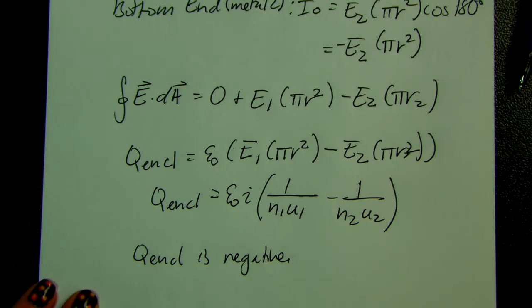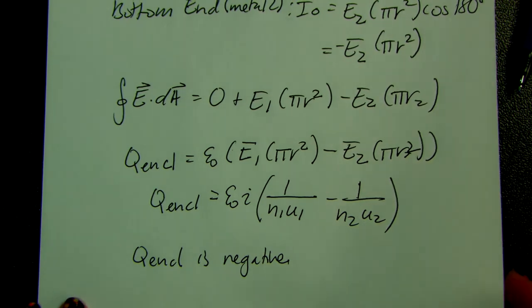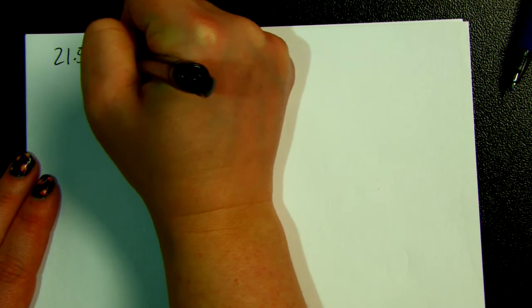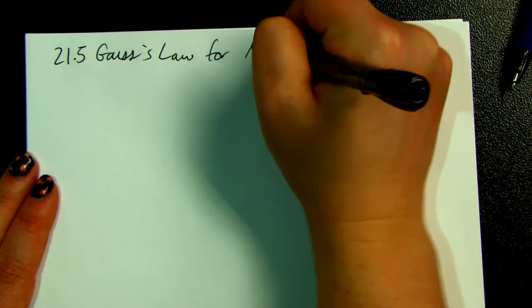So you might be saying, okay, we have Gauss's law for electric fields, but what about magnetic fields? Well, it turns out we've got an expression for that too. Let's look at Gauss's law for magnetism.